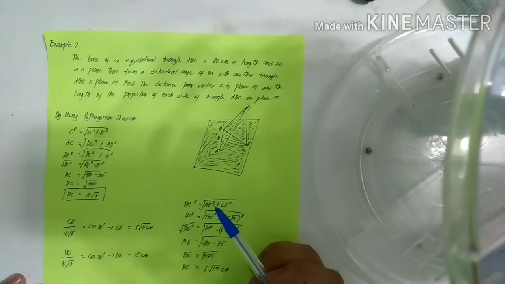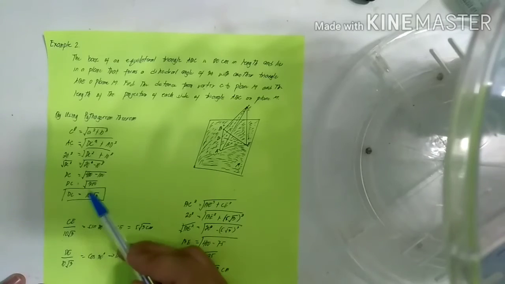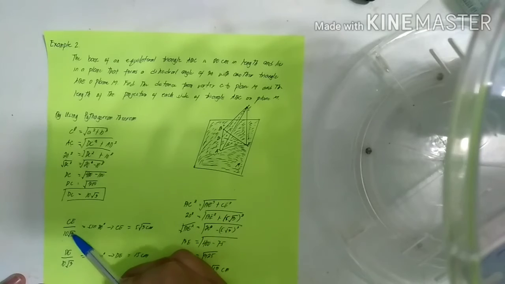So CE, this is our opposite, and also this is our hypotenuse. Ito yung nakuha natin kanina dito. So this is our hypotenuse, and we are going to cross multiply. So cross multiply natin yan.